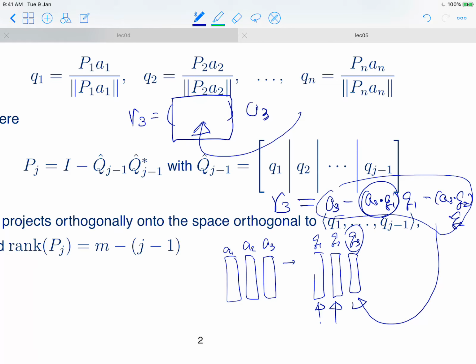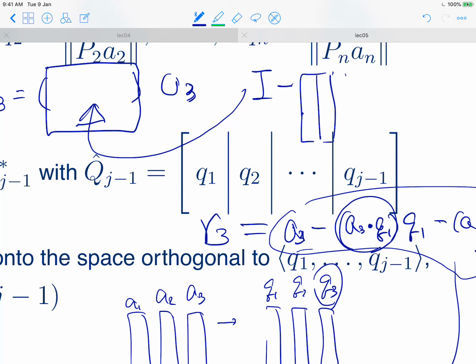So that matrix should be identity minus this guy, Q1 and Q2, Q1 transpose, Q2 transpose. So this is our Q and Q transpose.